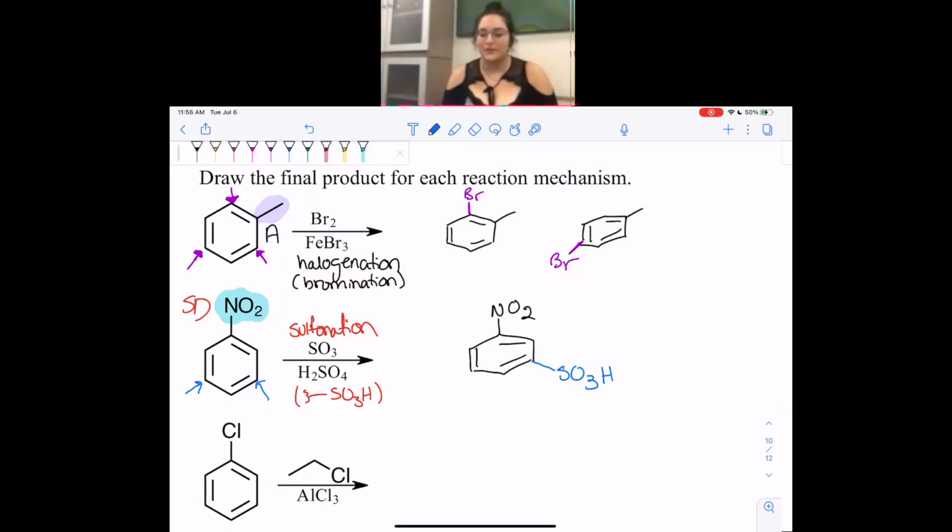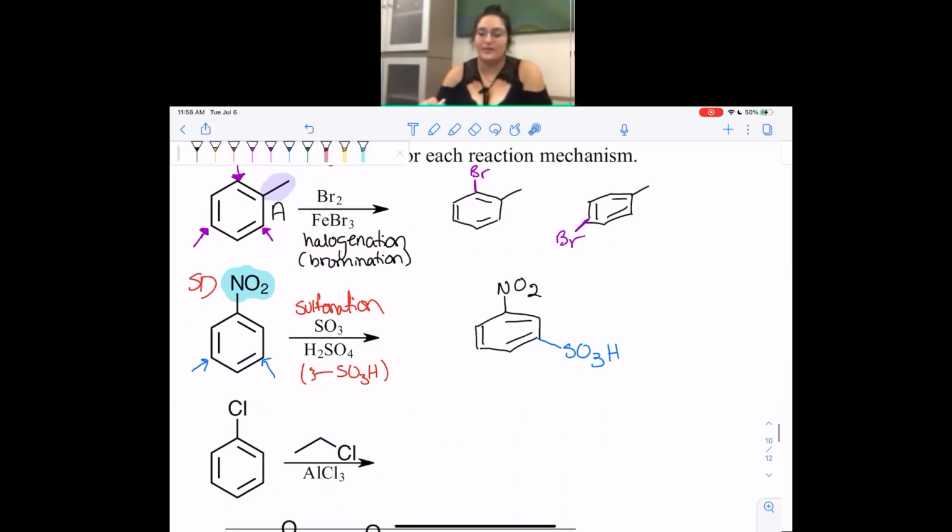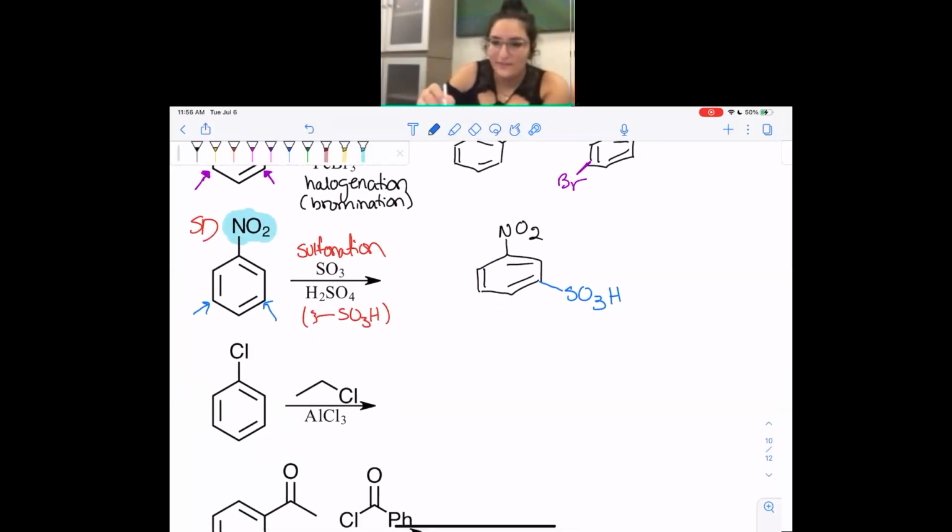All right, so for number 3, what kind of reaction is this? An alkylation. And someone said chlorination, which I'm glad you actually said that. This tends to be tricky because we have the chlorine here, but remember two things.